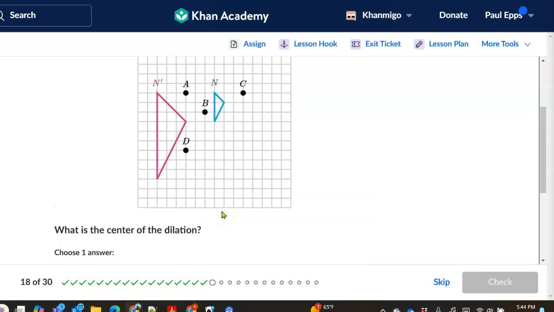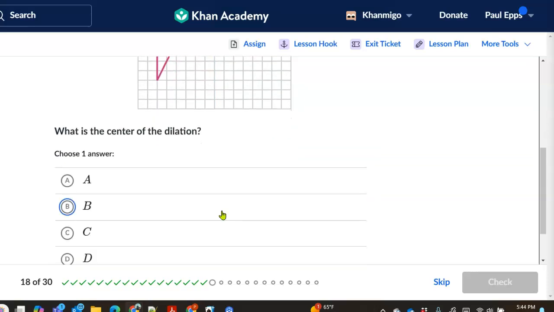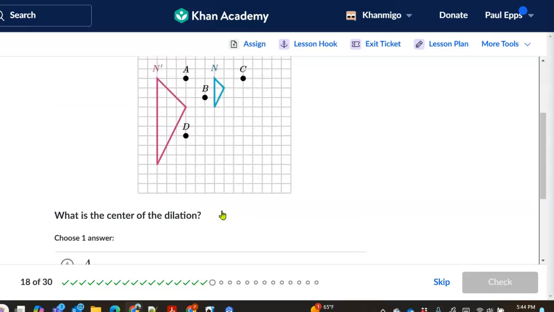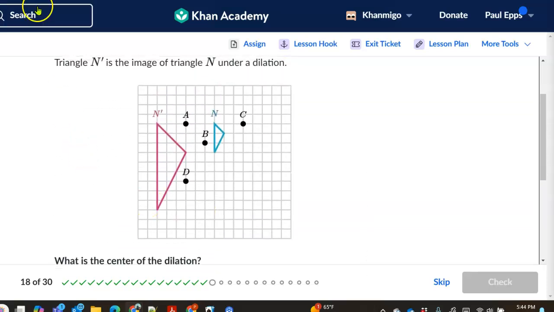What is the center of the dilation? All right, A, B, C, or D. Well, the center is the point that doesn't move.